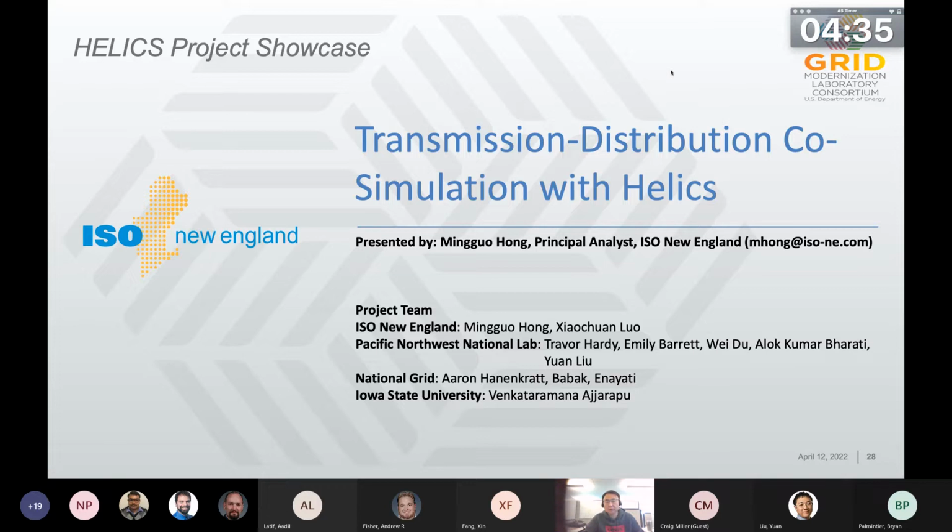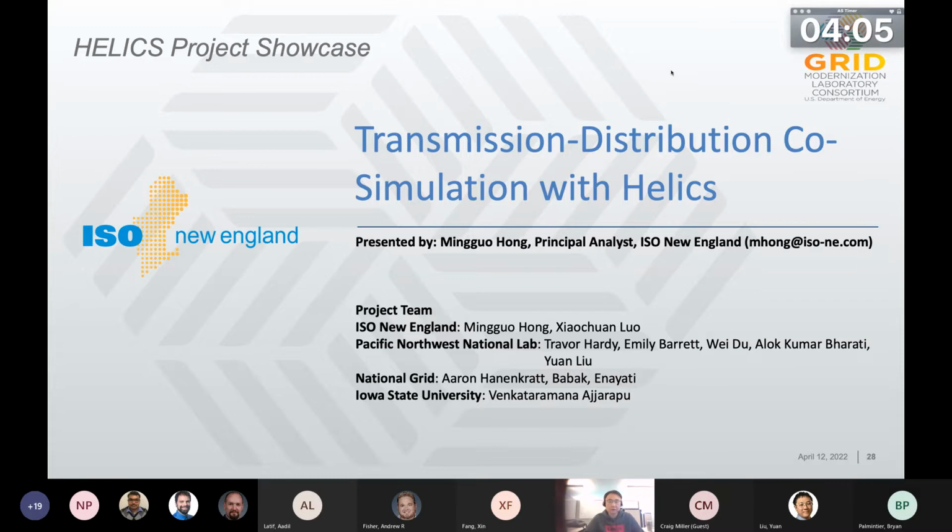Alok had done some preliminary T&D co-simulation using the ISO New England 39 bus and an IEEE test feeder system. He had done some good work in that. As we were investigating how we could do T&D co-simulation, we tapped into the results that Alok had achieved during his internship at PNNL.